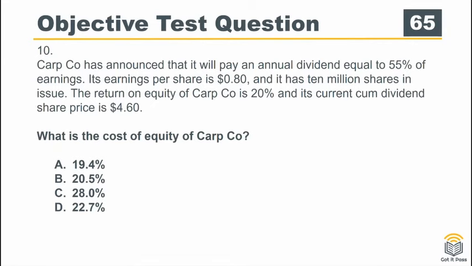Okay, the question is: the company has announced it will pay an annual dividend equal to 55% of earnings. Its earnings per share, the EPS, is 80 cents, and it has 10 million shares in issue.